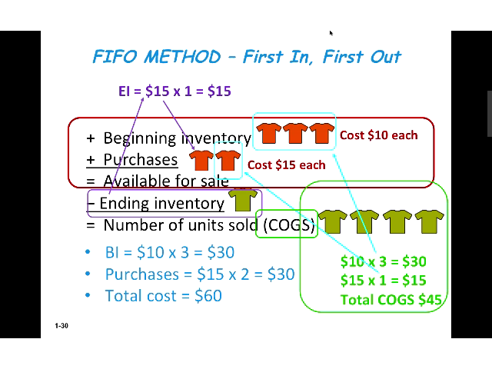I have cost of goods sold of $45. So my $15 in ending inventory plus my $45 in cost of goods sold will equal my $60 total cost. So I could solve for one of them and subtract for the other one.